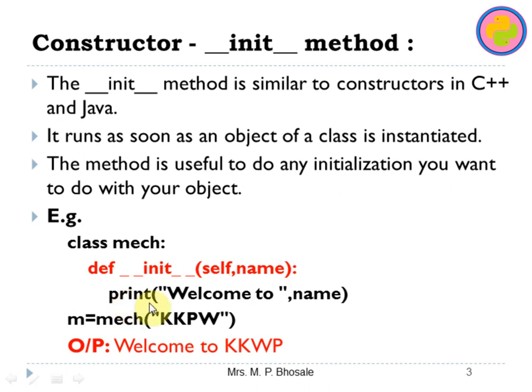So if I have written here print welcome to and this parameter name, then as soon as I create this object M of class make and pass this parameter kkwp, automatically the constructor will be called with the parameter kkwp, and this message will be printed, that is welcome to kkwp. So this is all about constructor.